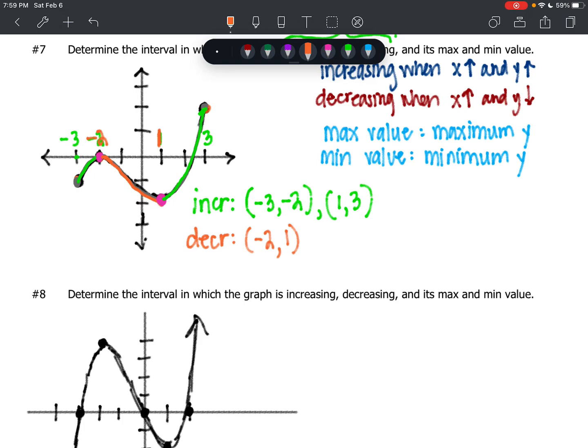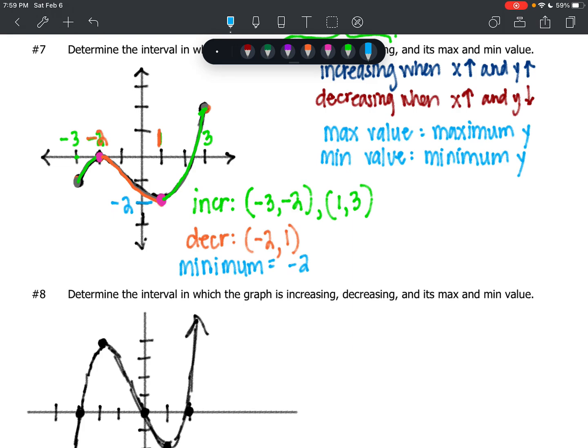Now the maximum y value and the minimum y value on this problem, the lowest y value is going to be -2. So that's a minimum. So the minimum equals -2.